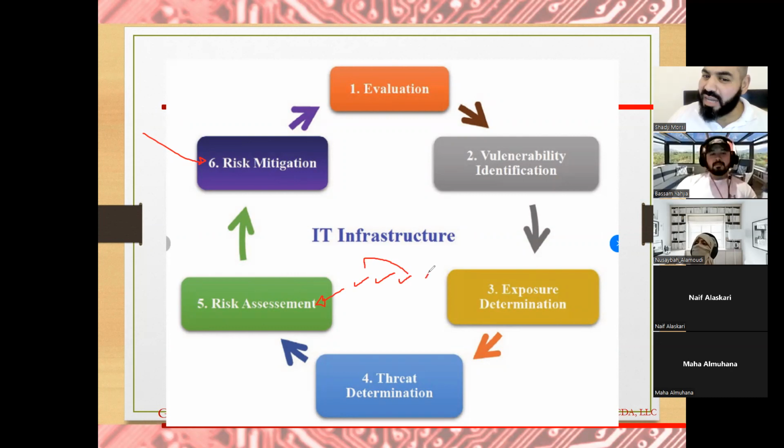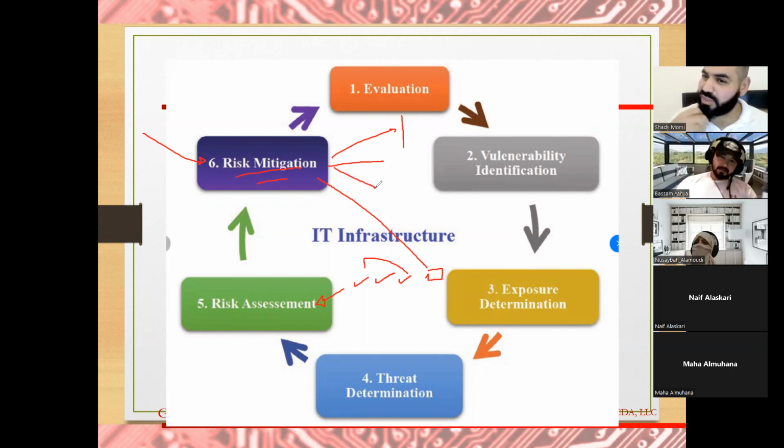Then I come up with a score, and according to the score I do something about it, which is risk mitigation. For risk mitigation you have many solutions: you can reduce the risk to an acceptable level, you can accept the risk, or you can avoid the risk.